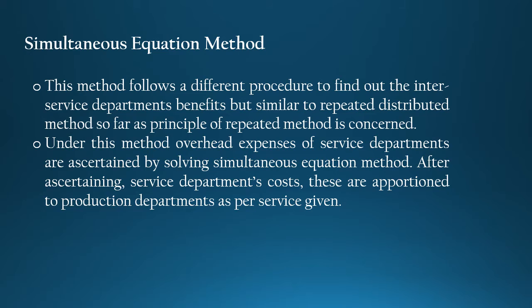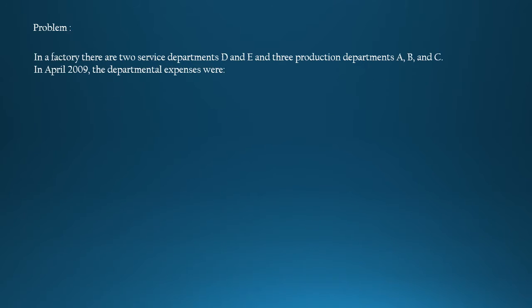After ascertaining the service department cost, these are apportioned to production departments as per service given. Now I am going to present a numerical, and we will solve this numerical by using the simultaneous equation method.